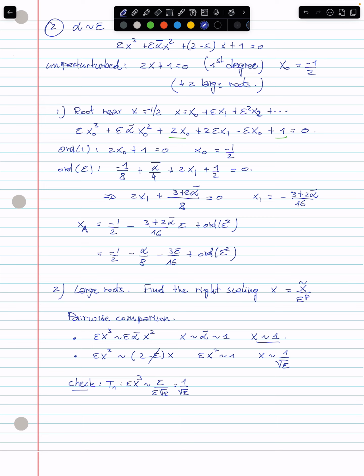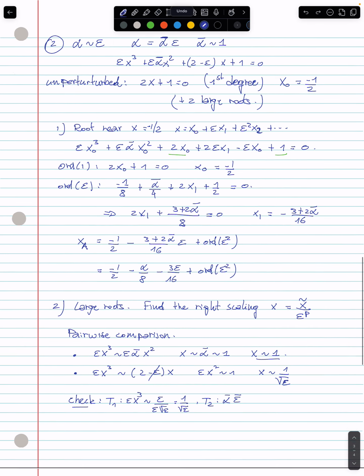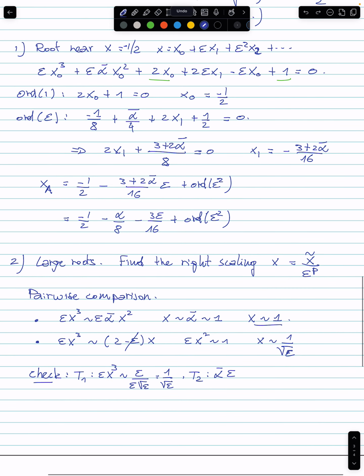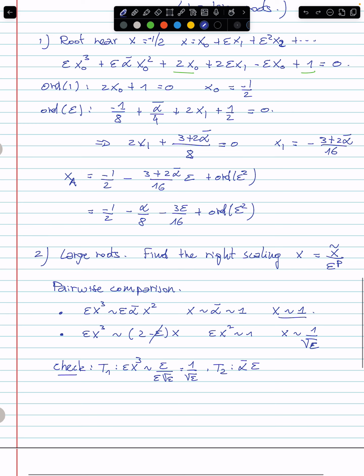That's indeed something large. Fine. The second term will be epsilon multiplied by alpha bar multiplied by x squared, which is epsilon.